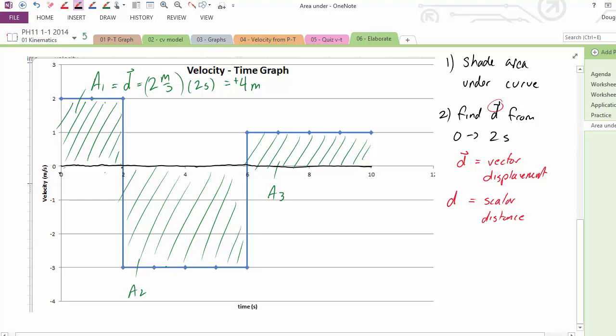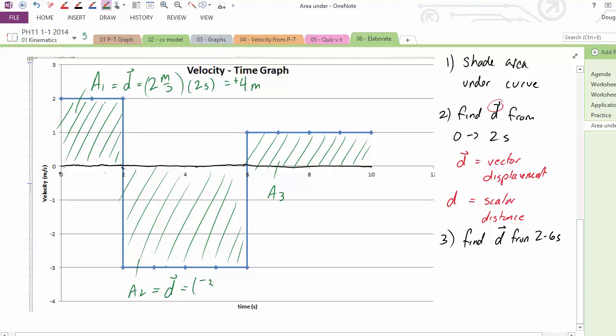Alright, next one. The obvious choice would be find displacement from 2 to 6 seconds. So that's this one here. That's the area, which is equal to the displacement, which is equal to the height, which is -3.